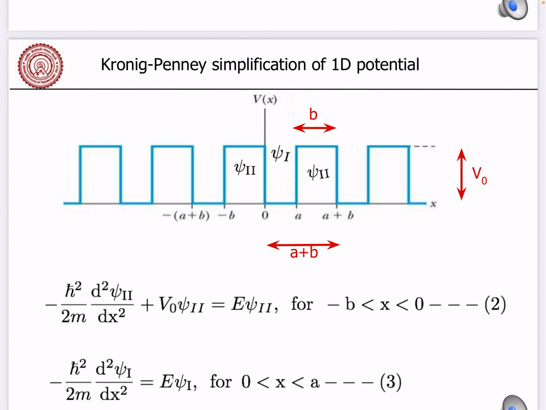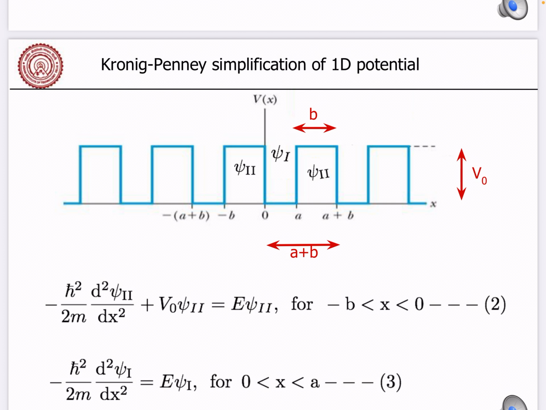So the idea is that once you understand the one-dimensional solid, we can generalize it to the three-dimensional case, and then we try to understand the behavior of electrons in the presence of this periodic potential. Okay, so I am now describing this potential consisting of two regions, region 1 and region 2, and the wave functions for the electrons in the two regions are given by psi 1 and psi 2, right?